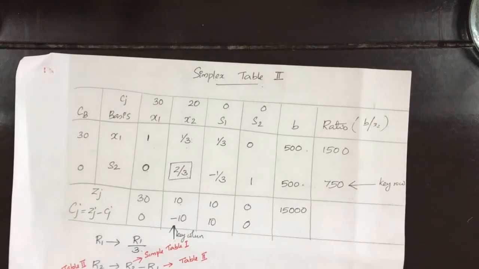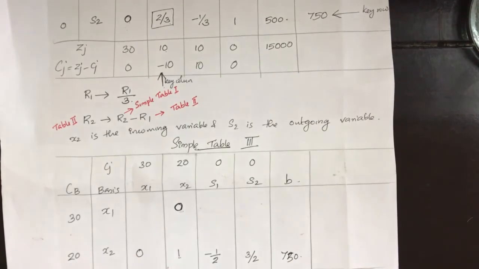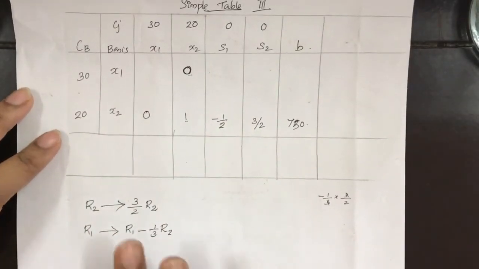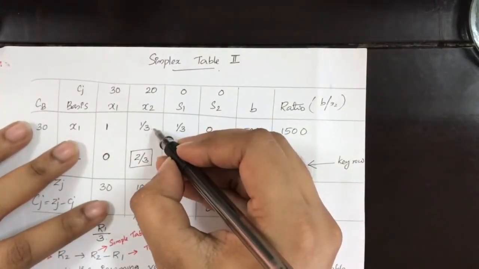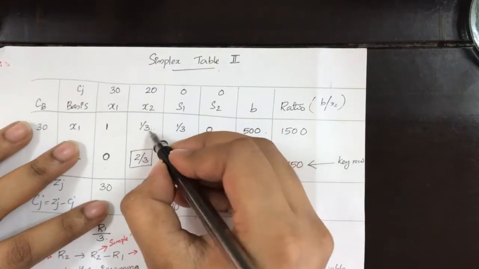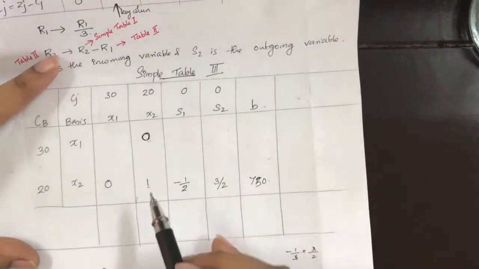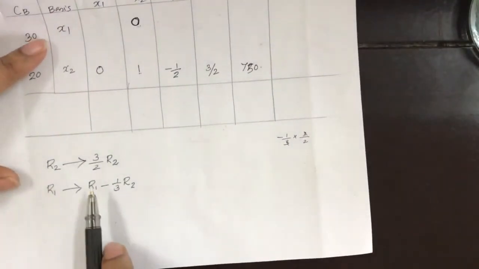So R1 changes to R1 minus 1 by 3 R2. This is also simple. Look at the value here. What is it? 1 by 3. Just multiply that value with our new row, that is R2. If it is a positive sign, subtract that from the existing R1.